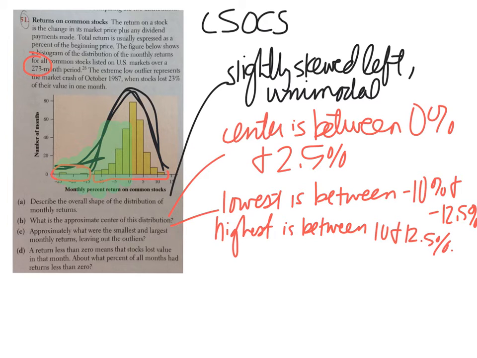So I know that there's 273. Oh, that is not the right thing. I know that there's 273 months total. So I need to find out what percent is less. So I'm going to add up these bars to the best of my ability, which I kind of did earlier.